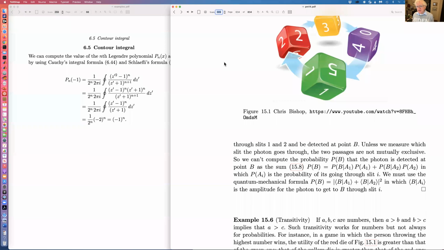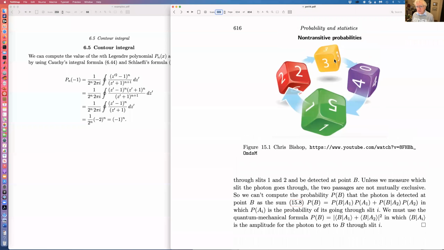That's balanced by the possibility that the red comes out 6 and the green 1. So those two cancel, and so red is better than green. On the other hand, the same business tells you that yellow wins over red.